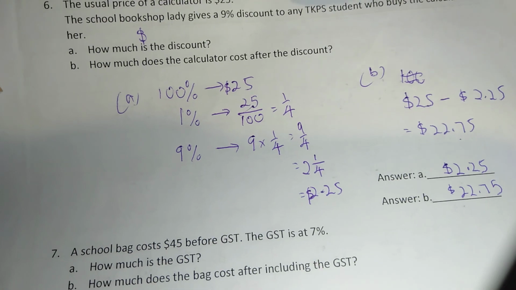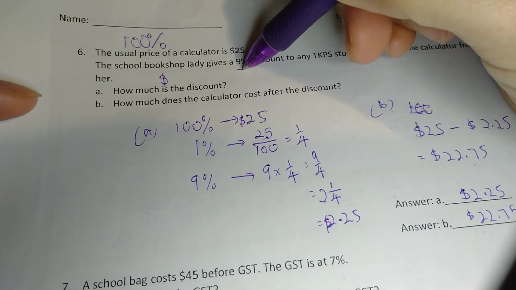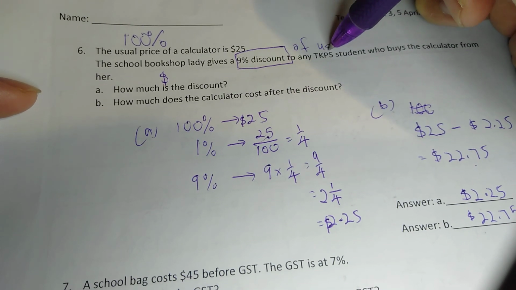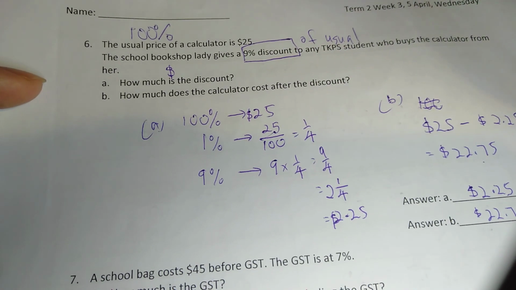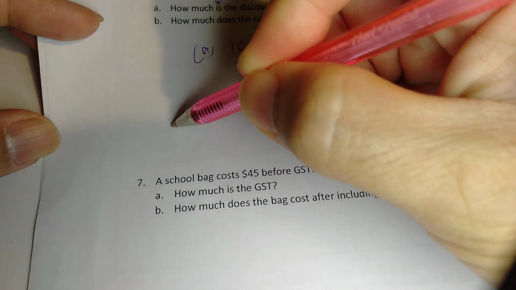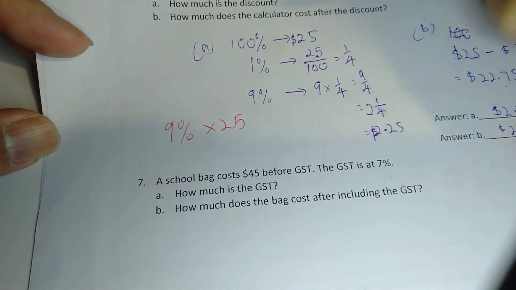Now, for those in my class, you'll be thinking, this is not how Miss Long usually does it. No, I do not. Another way to do this is simply this. 9%, right, is always of the usual price. So, I'm going to do another method now for A. So, 9% of 25.